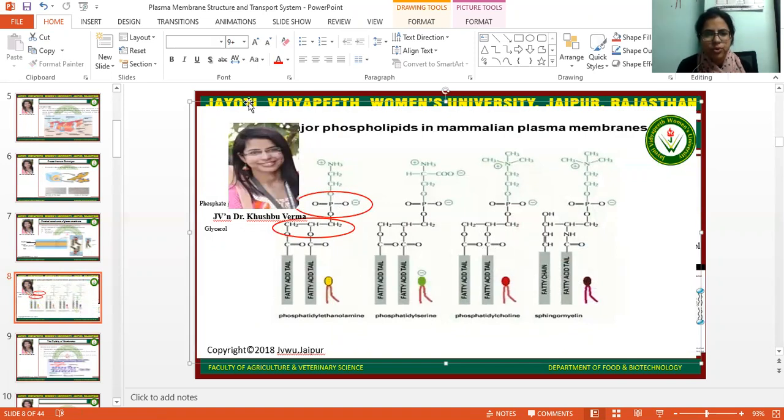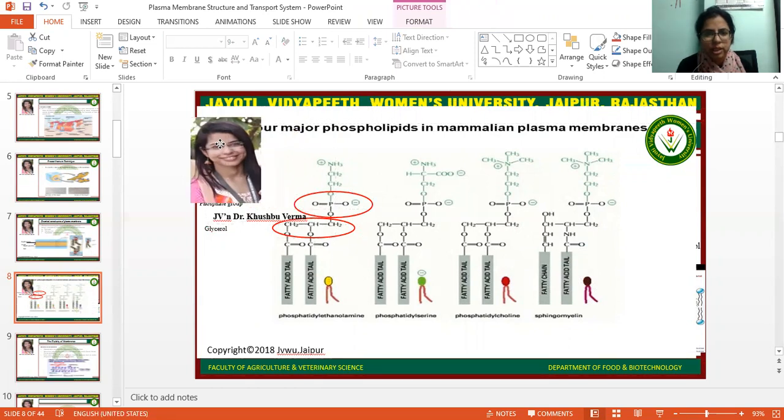This one is the phospholipid phosphatidylethanolamine. These are two fatty acid tails, and this is the polar head region. This is phosphatidylserine, which has a total negative charge on it, and phosphatidylcholine, and this one is the sphingomyelin.